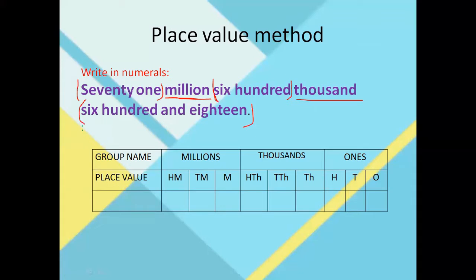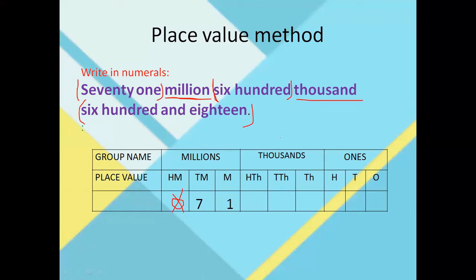So before the million, there is 71. There are 3 boxes, so you can write 071 or you can simply write 71, because the starting 0 is optional, it doesn't affect the value. Then the second group, thousand, you can see there is 600 before the thousand.